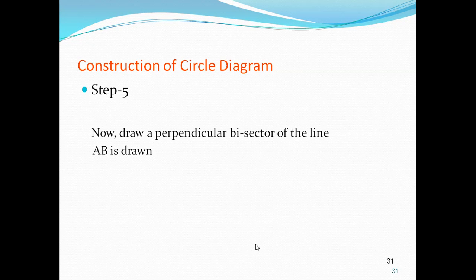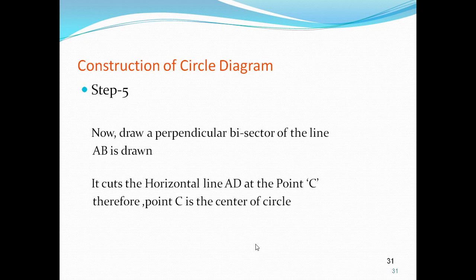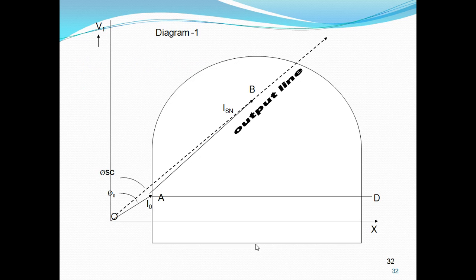Next, step 5 is to draw a perpendicular bisector of the line AB. It cuts the horizontal line AD at point C. The point C is the center of the circle. See here, we have to bisect the line AB and extend it so that it cuts the line AD here. Take this as C. So take AC as radius and draw the semicircle, that is ABD.